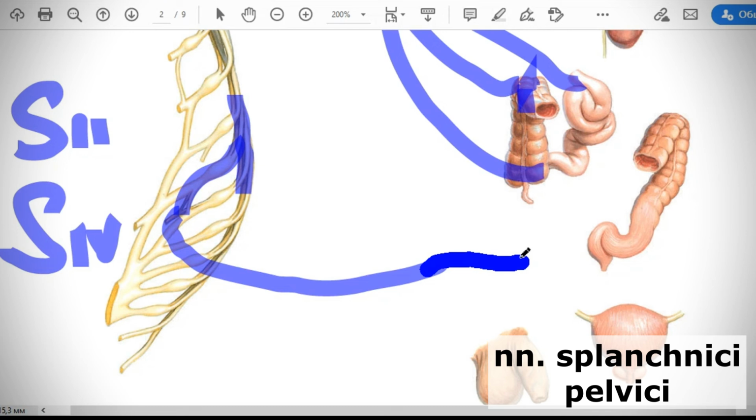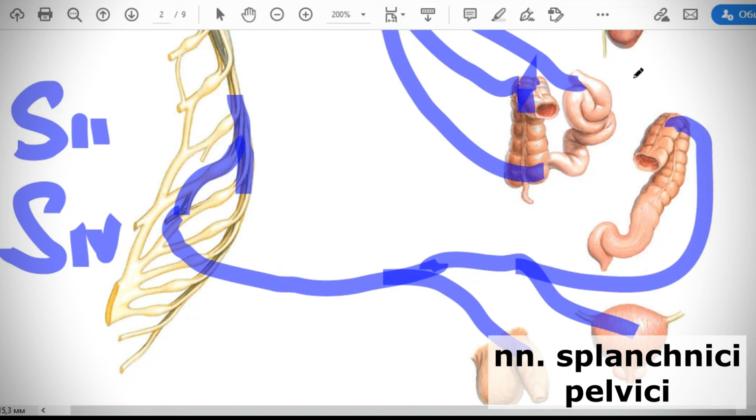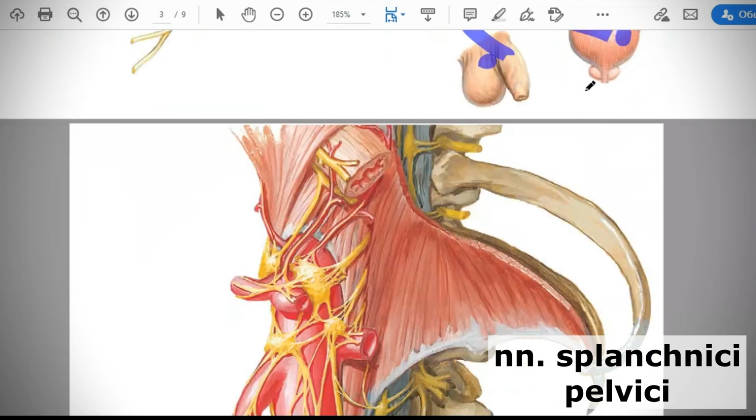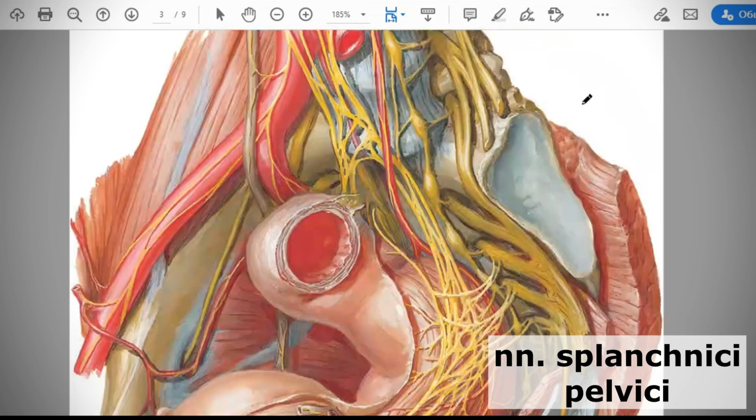reach all your internal organs of the pelvic cavity, urinary organs and genital organs, external and internal, and so they supply all the rest of your intestines, colon descendens, colon sigmoideum, and rectum. This is also, there will be transmission inside the walls or near these organs. This is how it looks. You can see it here.